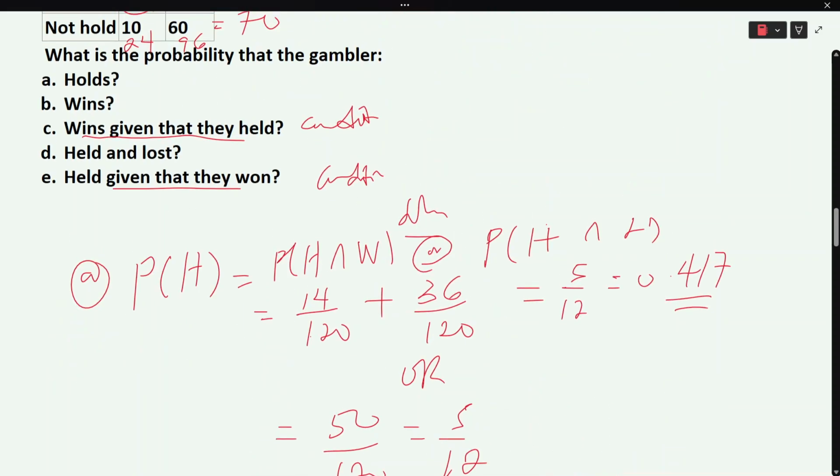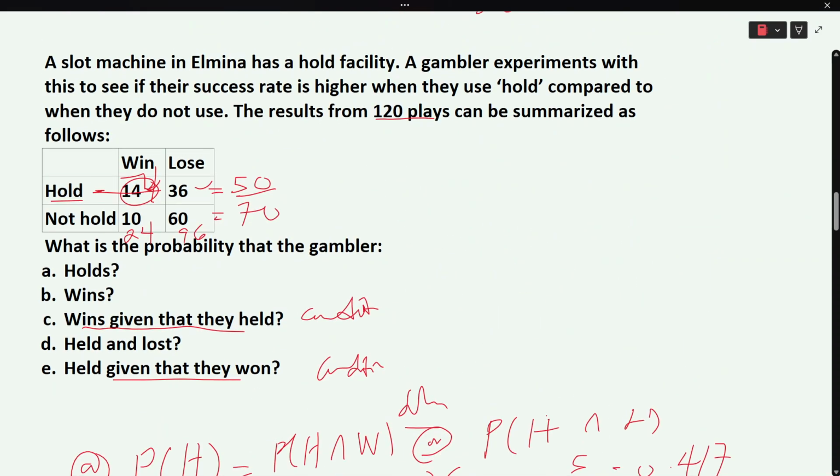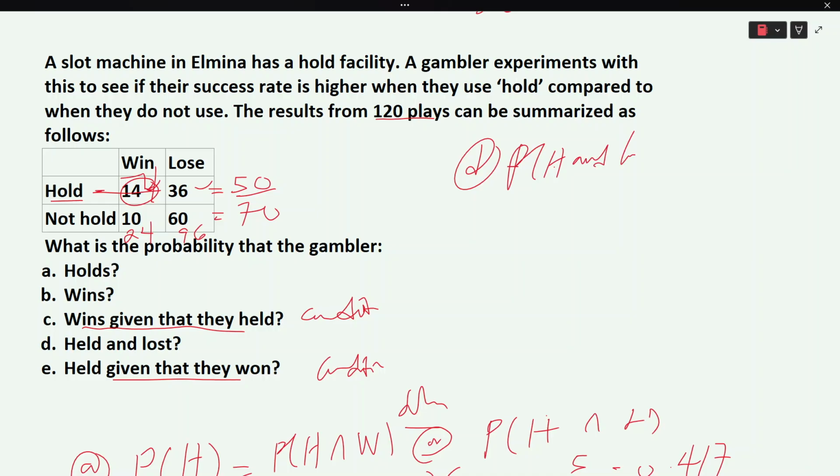Let's do the next question. Held and lost, that's the D part. So if you held and lost, the probability of held and lost.